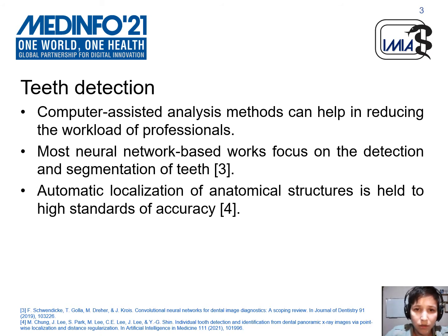Although it is true that the results achieved by deep learning methods have been increasing since the introduction of convolutional neural networks, any system for the automatic localization of anatomical structures must obtain results comparable to those of professionals in order to allow its clinical use. Achieving this high level of accuracy is still a challenge for object detection algorithms based on deep learning.